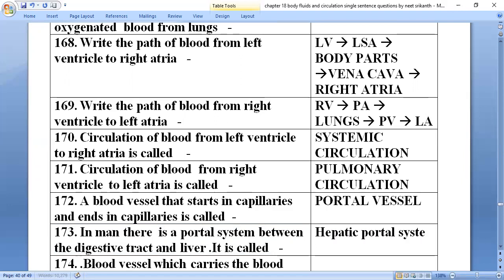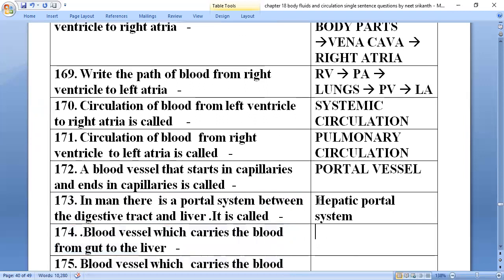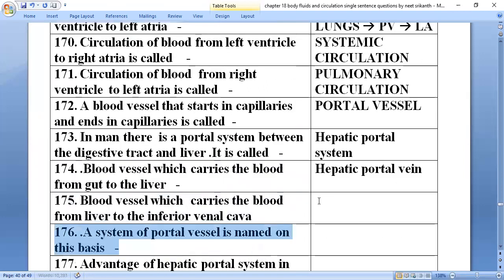The blood vessel which carries the blood from gut to the liver is the hepatic portal vein. The blood vessel which carries the blood from liver to the inferior vena cava is the hepatic vein.